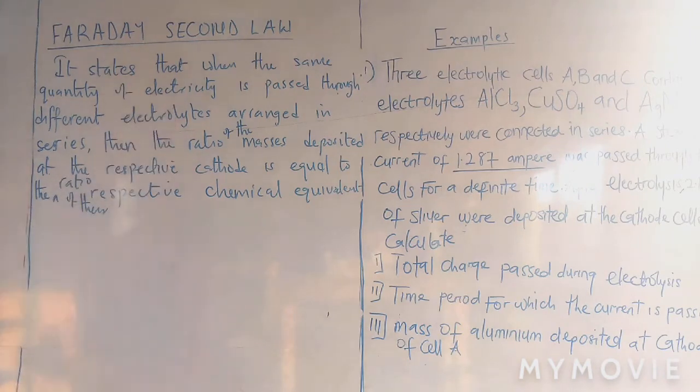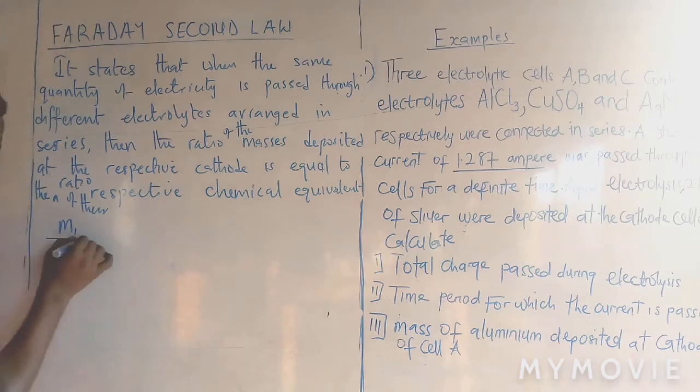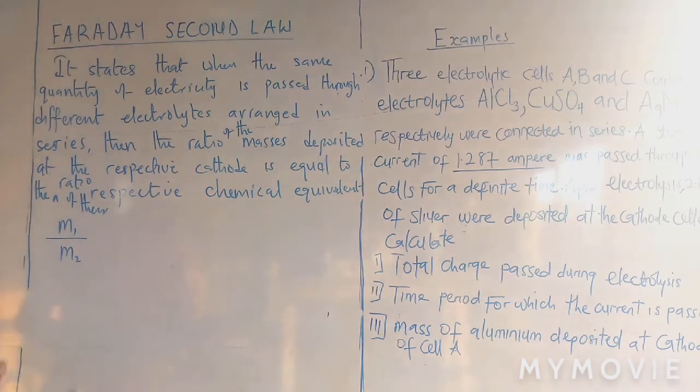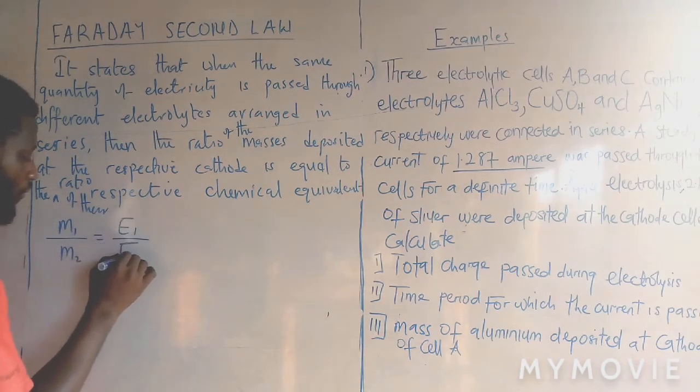According to this law, we can then write that if M1 is the mass of the substance deposited in one cathode of a certain electrolyte divided by mass M2 of the other cathode in another electrolyte when both of them are connected in series, this is equal to E1 over E2.